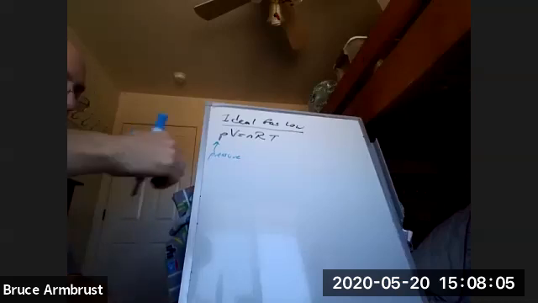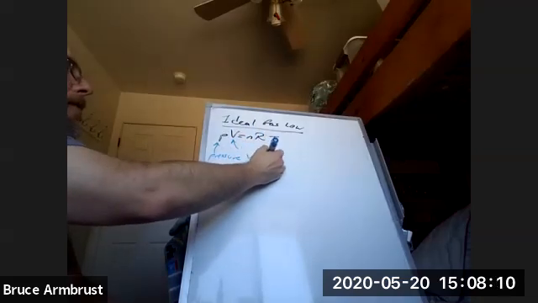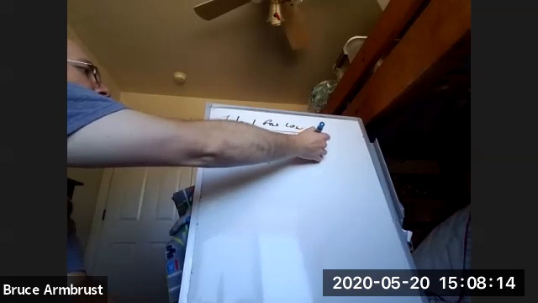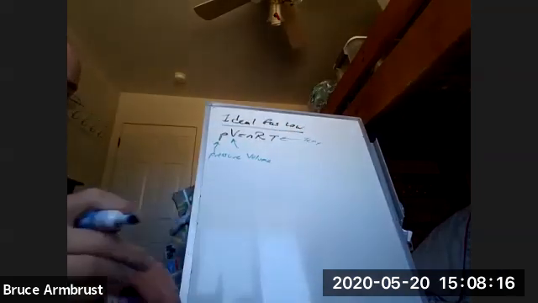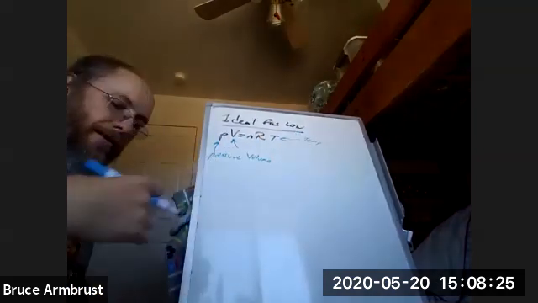Okay, so we know this. The V is volume. The T is your temperature, and this temperature is in Kelvin. If you're not familiar with Kelvin, I'll explain what that is in a minute.